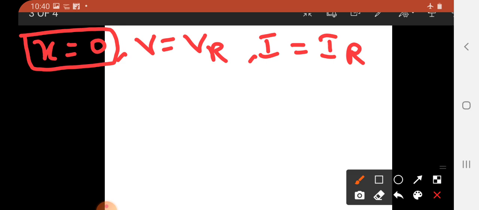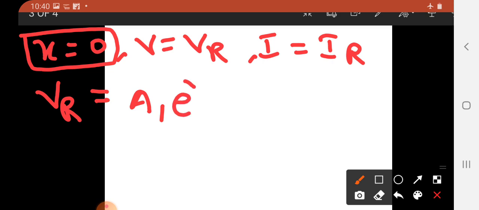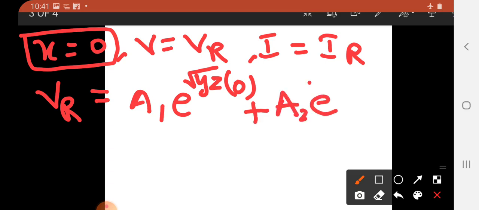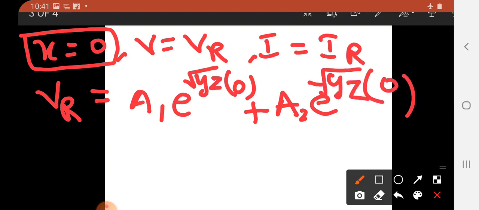First, if I substitute in equation 4, then V is equal to VR. This will be A1 e power square root of YZ into 0 plus A2 e power minus root YZ into 0. e power anything into 0, that is e power 0, is 1.